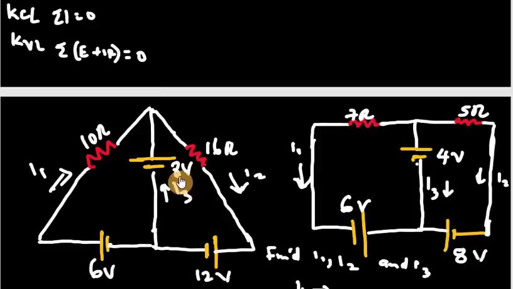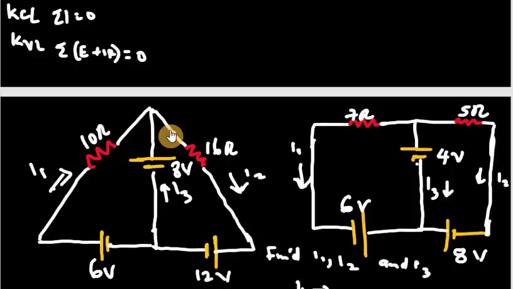So for you to solve a problem involving Kirchhoff's law, you usually have to identify a node, a junction. Then you identify a loop and choose the direction you are going to follow.